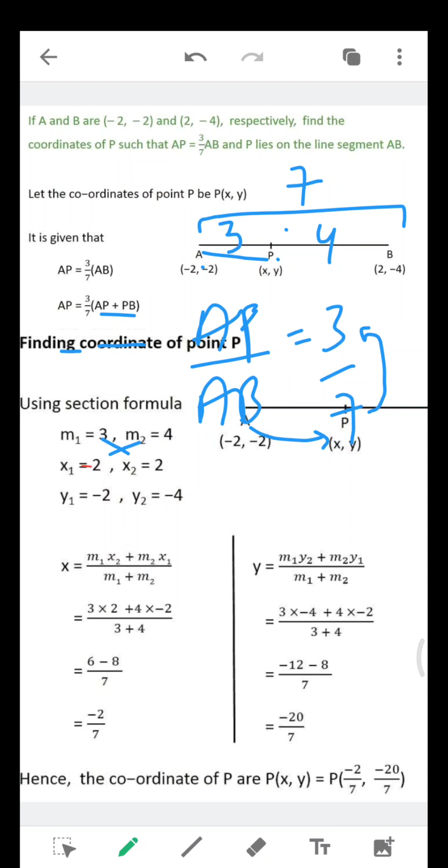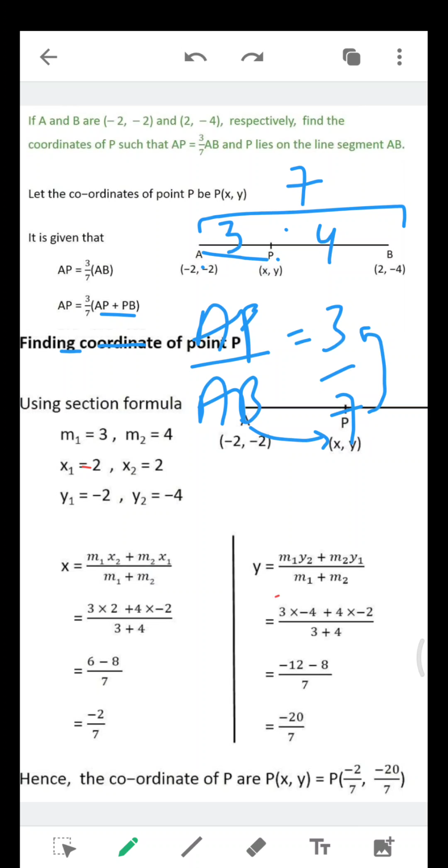Next one: m1 y2 plus m2 y1 by m1 plus m2. So what happens here? m1 y2 is 3 into minus 4, then m2 y1 is 4 into minus 2, by m1 plus m2, that is 7.